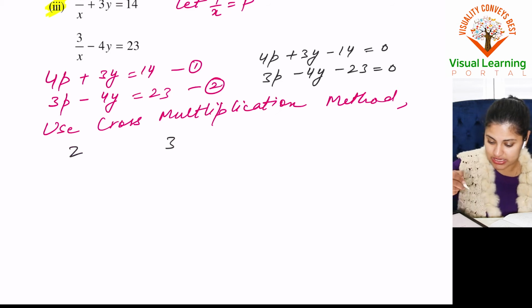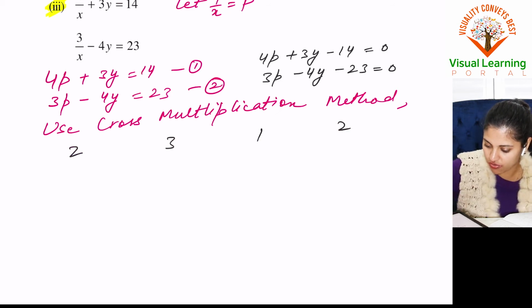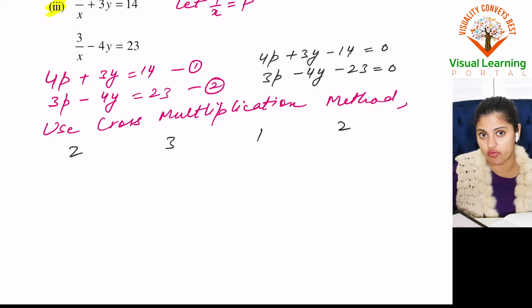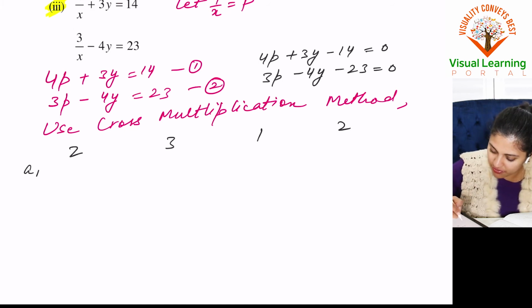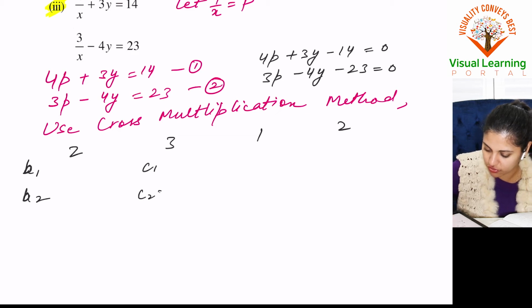Now you can write a1 over a2, b1 over b2, c1 over c2, like that. Similarly for this one, we can write a1, a2, b1 and b2, c1, c2. You can put an equal sign as well.